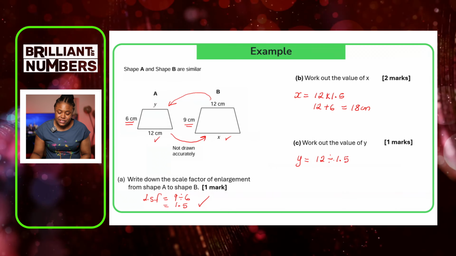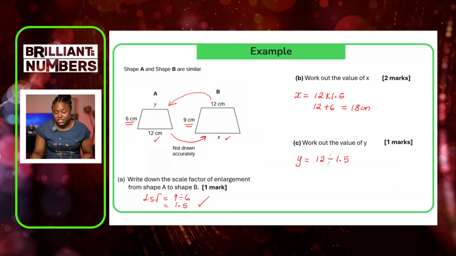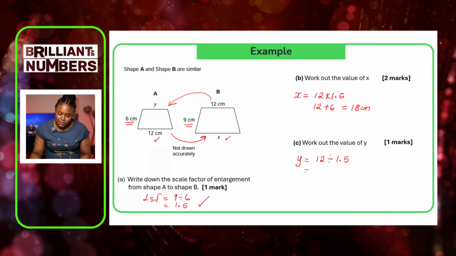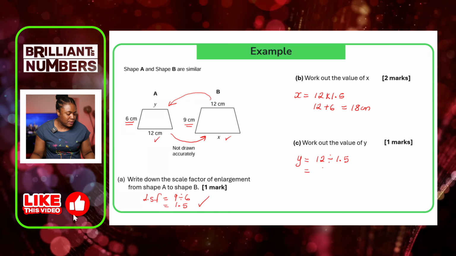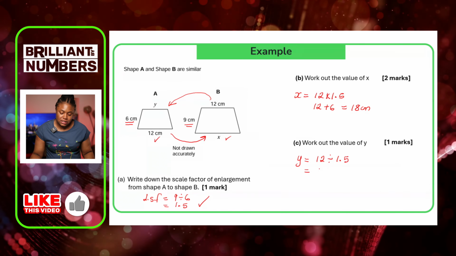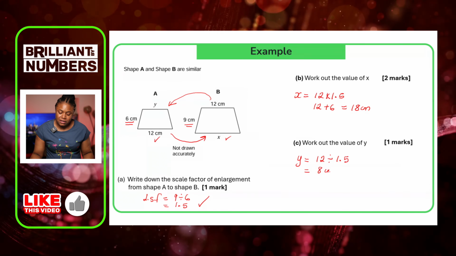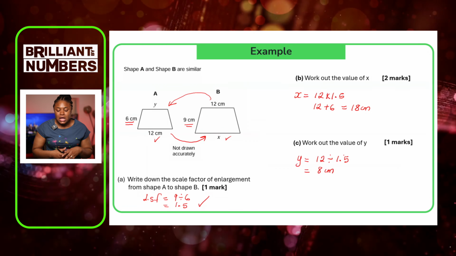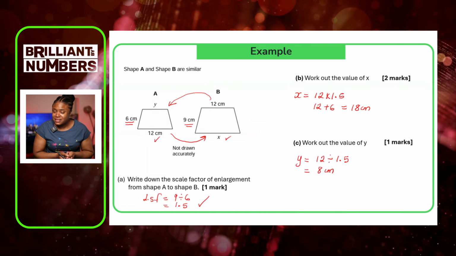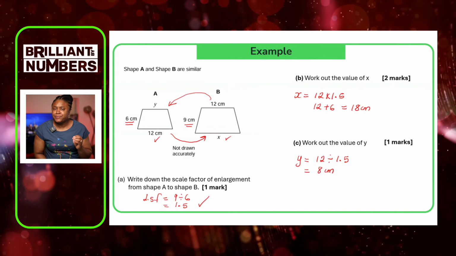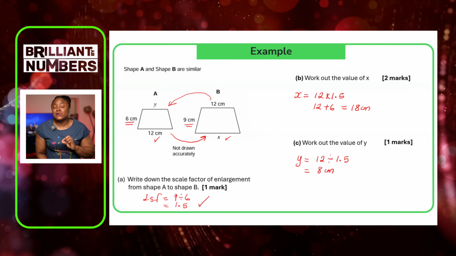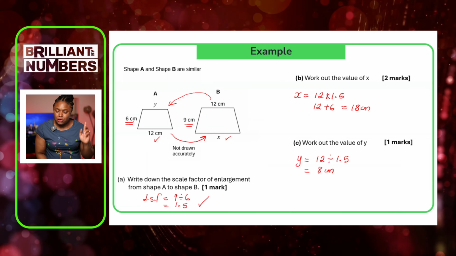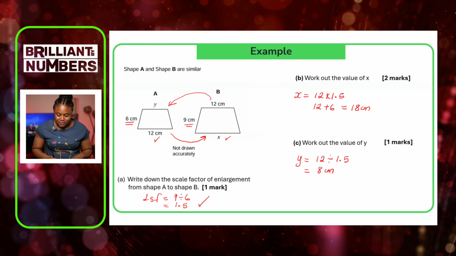We could do it fractionally, but in the interest of time I'm just going to put it in my calculator. 12 divided by 1.5 gets me 8. So the answer is 8 centimeters. Now I can know if I'm correct: if my answer is smaller, then I'm more inclined to believe it is correct because I'm going from a large to a small shape.